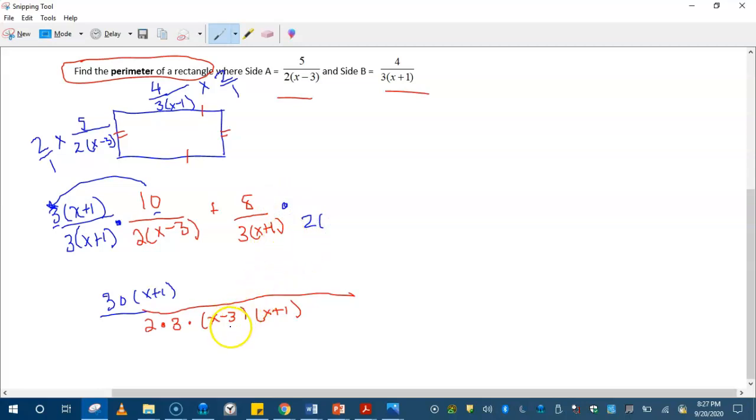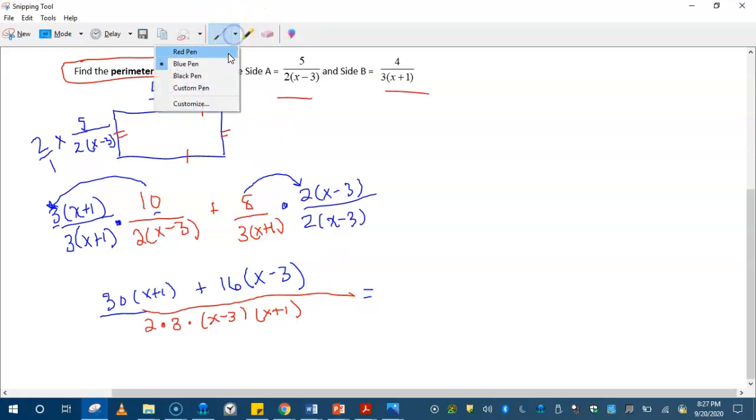Well, it's missing the x minus 3, right? And so the numerator, I'm doing 2 times my x minus 3. And I'll just do the same. I'm going to multiply. I have my plus sign. I bring it down. And then I'm just going to multiply here, which will give me my 16 times x minus 3.